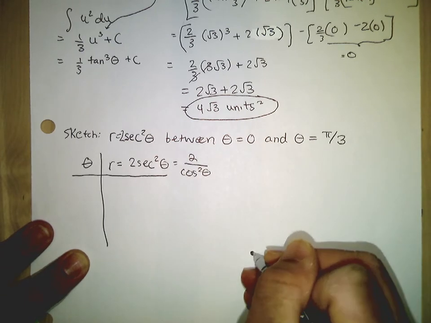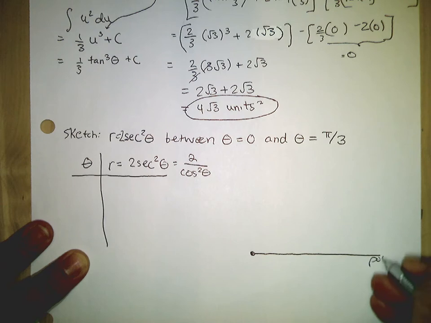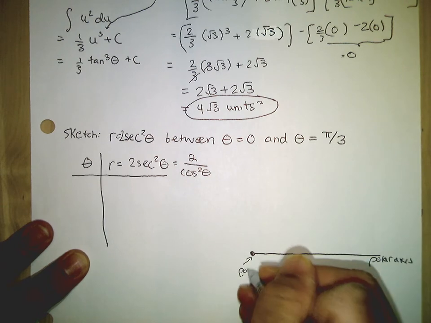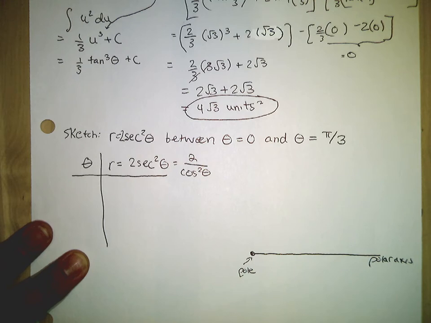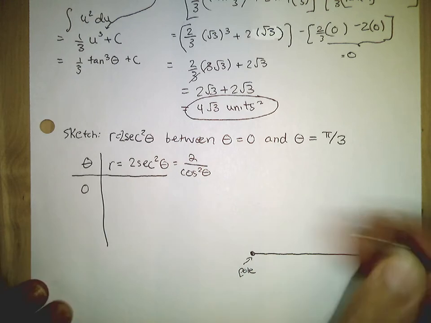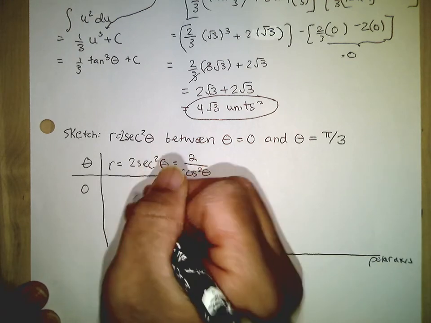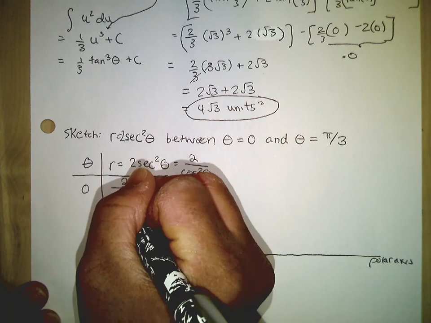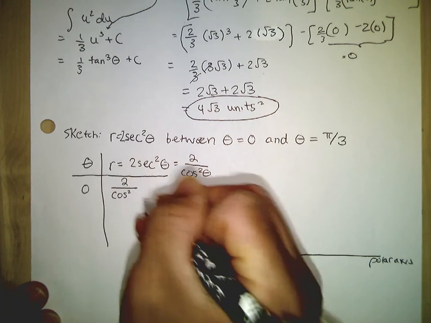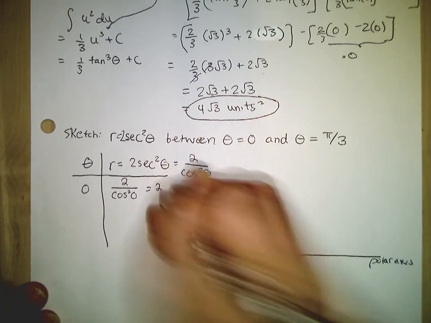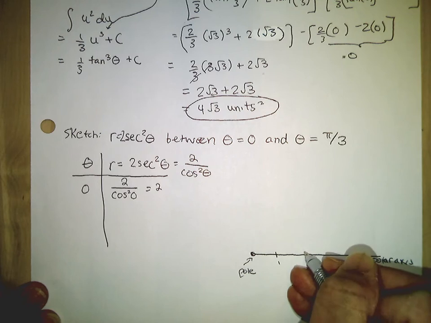All right, so here is the polar axis. Here is the pole. Now, if theta is 0, we get 2 over the cosine squared of 0, which is 2. So 1, 2.